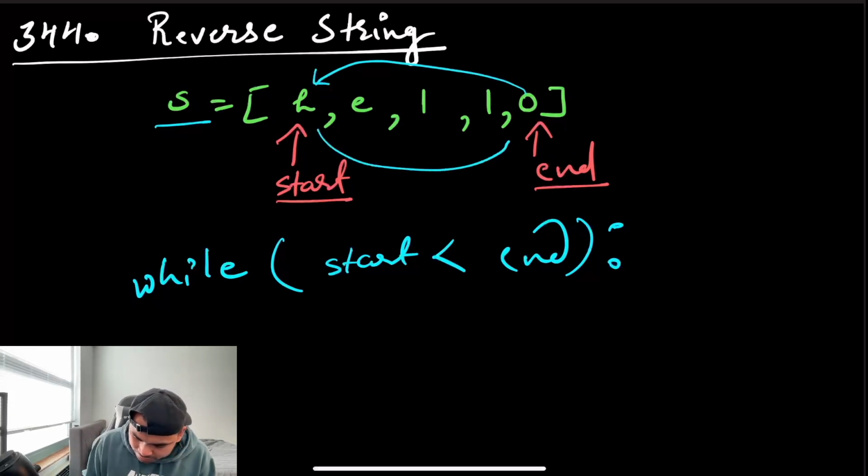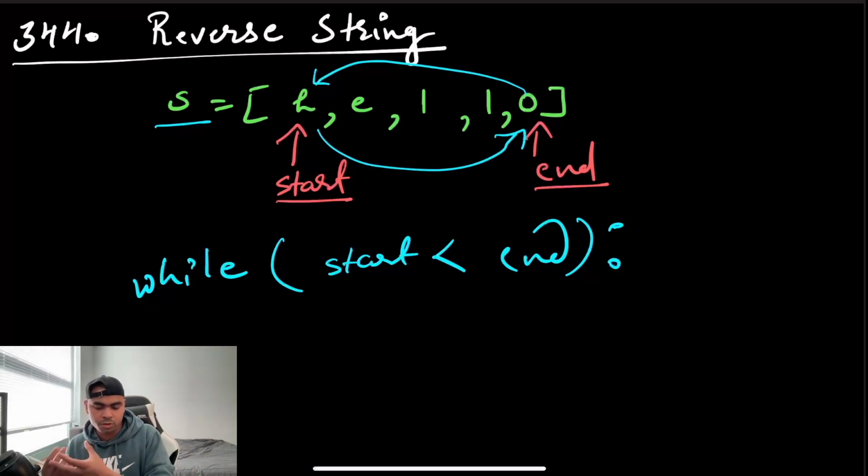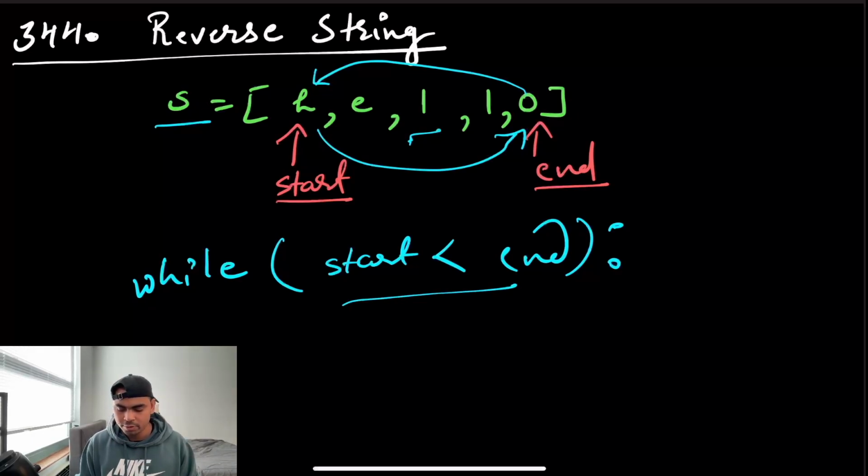The value at start will be put onto the end index, and the end index's value will be put onto the start index. It happens in place until you reach the middle. In an even length array, that condition would not even arrive, because start and end will never become equal. In an odd length array they become equal, but we're not checking for equality, because the middle doesn't have to get swapped with anything.